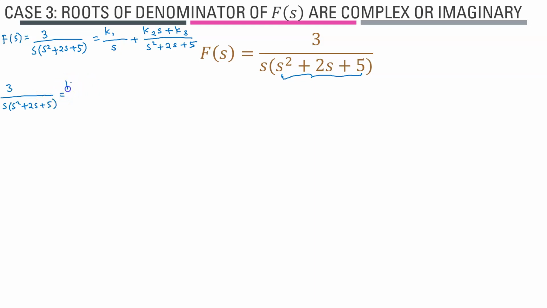equals to this K1 multiplied with this part, s squared plus 2s plus 5, and this K2 s plus K3, you multiply with s. So you have the denominator equal.